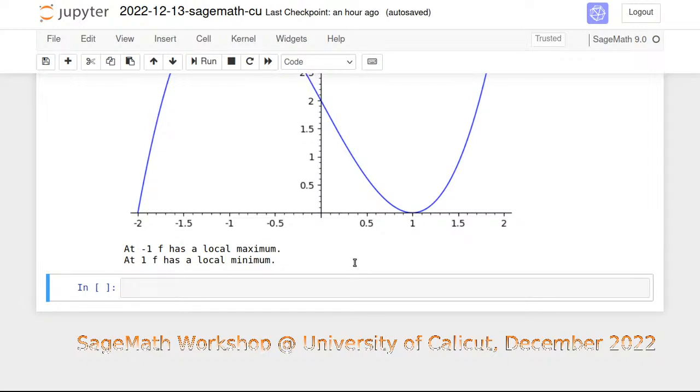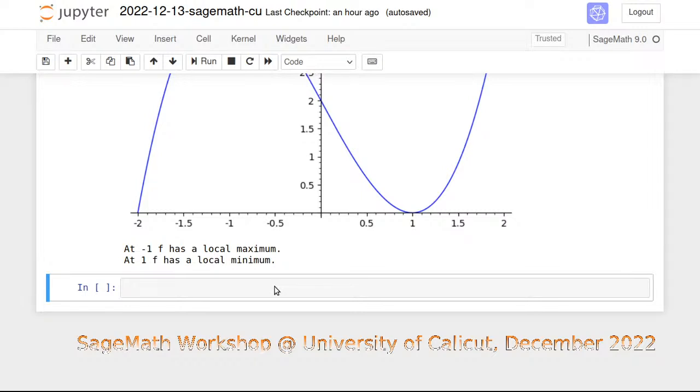Now we can even determine the point of inflection, right? How do we determine a point of inflection? It's said to be a point of inflection if it's increasing on the left and decreasing on the right. So it essentially means that the direction of the curve is changing.